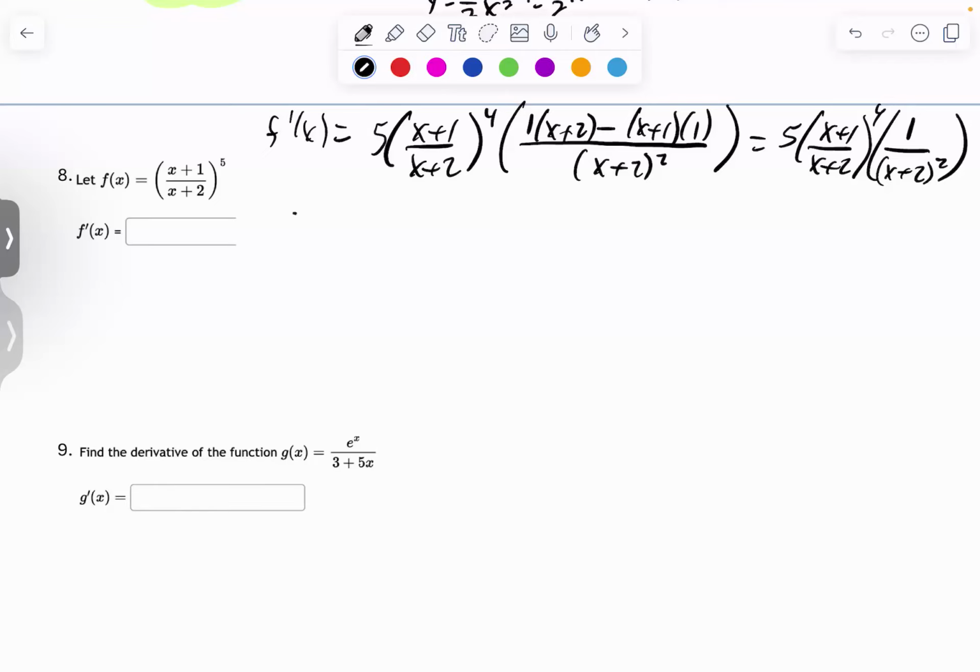And we can even clean that up a little bit more and say this is 5 times x plus 1 to the 4th power over x plus 2 to the 6th power. Because I remember inside the parentheses, the x plus 2 in the denominator is actually raised to the 4th power, and the 4 plus 2 gives me the 6.